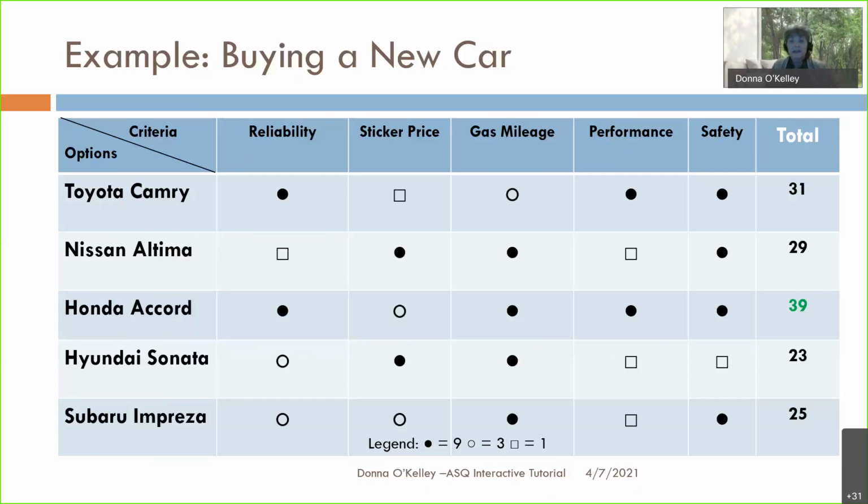This could get very in-depth and complicated with weights, but sometimes that's analysis paralysis. Sometimes something as simple as squares and open circles and filled circles might do the job. You never know. You could start there.